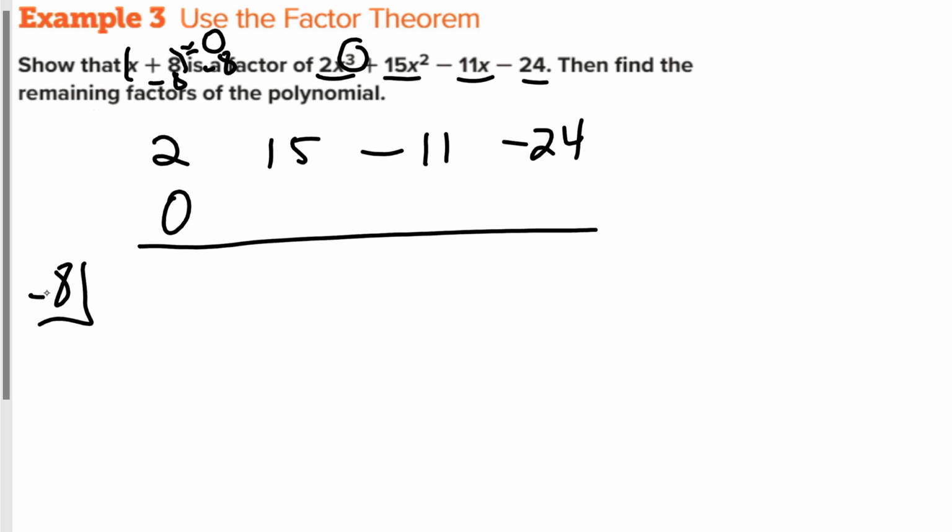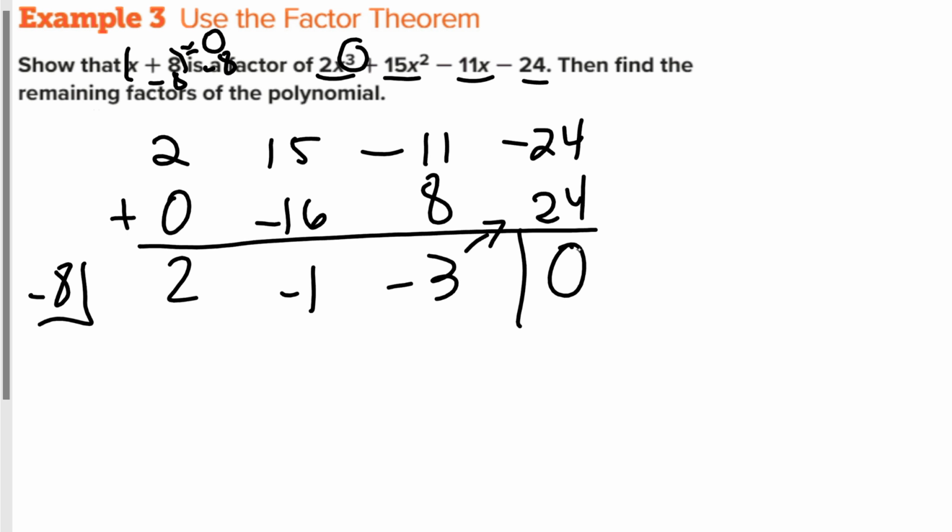I add, multiply, add, multiply, add, multiply, and in the next column 24, I get 0. So my remainder is 0, which means x minus what's in the box, -8, is a factor, so x plus 8 is a factor of this polynomial, this dividend.